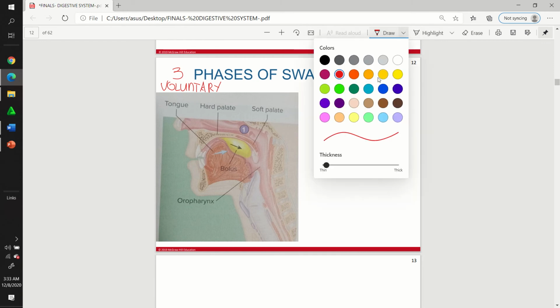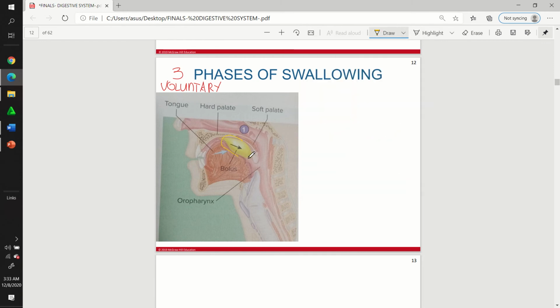That's very obvious, it's actually very big. During your voluntary phase, your bolus of food, the one in yellow, is pushed by the tongue. You see this arrow? It is pushed by the tongue against the hard palate and the soft palate, and posteriorly toward the oropharynx.